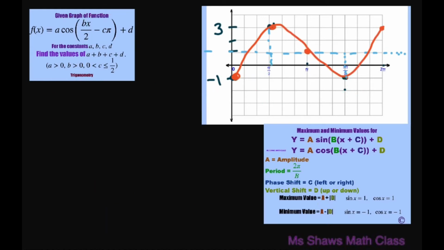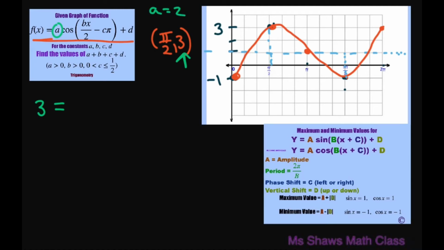So let's look at that. If the graph passes through pi divided by 2 comma 3, then I'm going to use this equation and write everything in. So there's your y, or your f of x. We're going to write 3 equals a. A was 2.